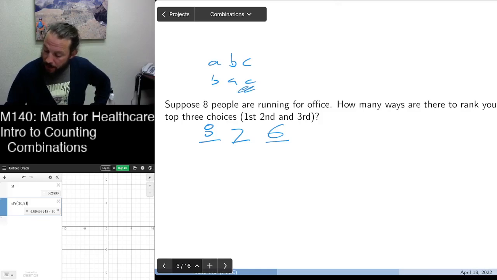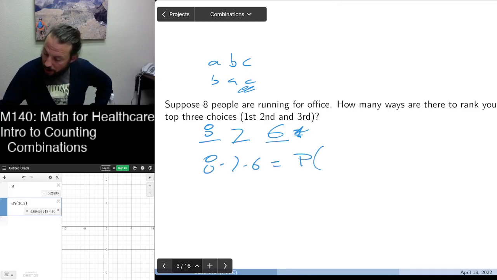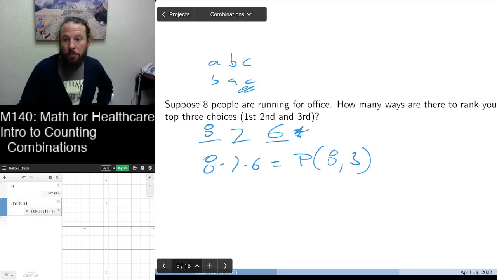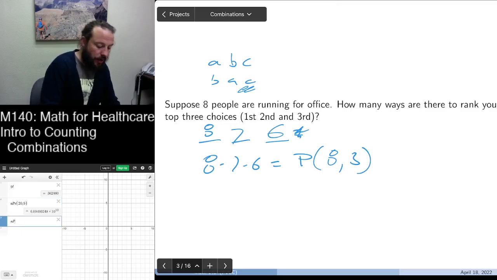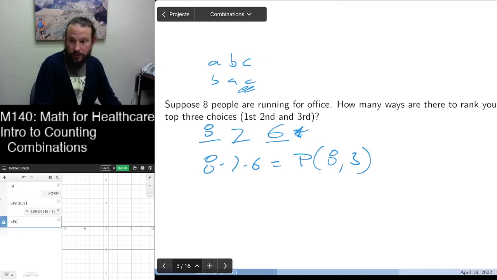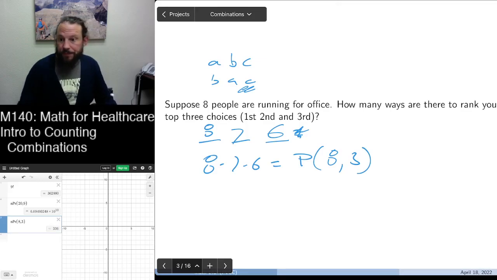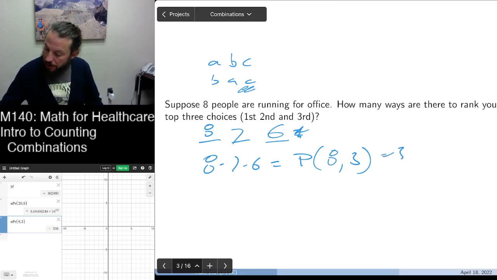So 8 times 7 times 6, which is the permutations of 8 things taken 3 at a time. Just for practice, we're going to use Desmos for that, nPr of 8, 3. So that's 336 ways.